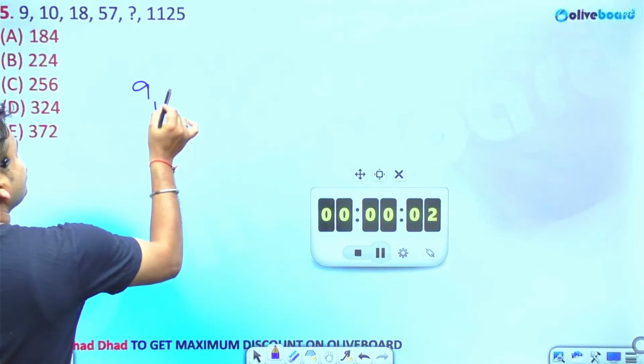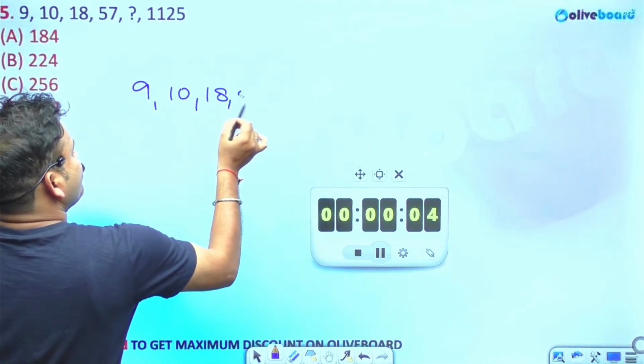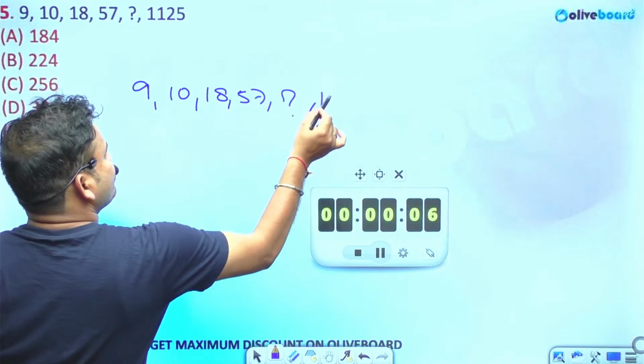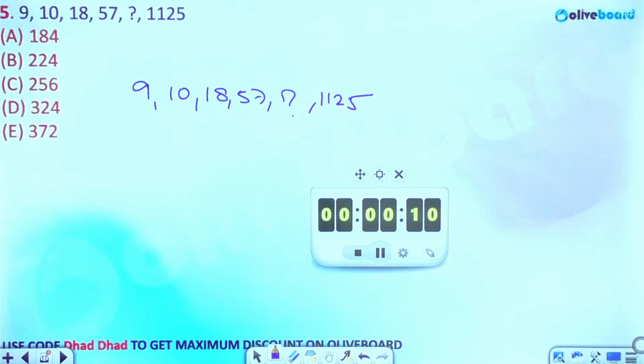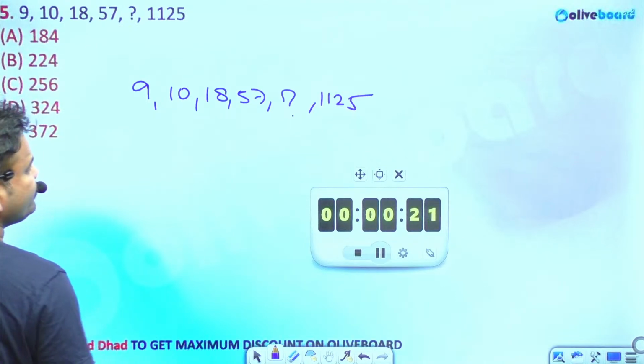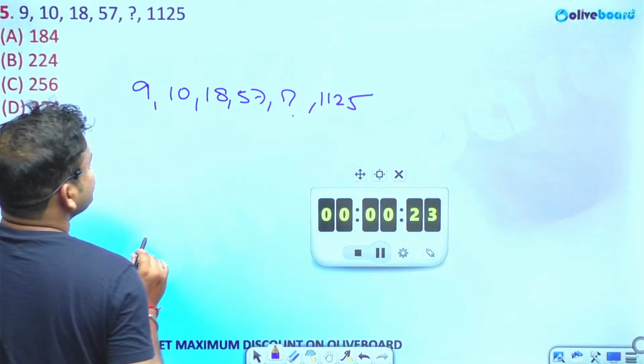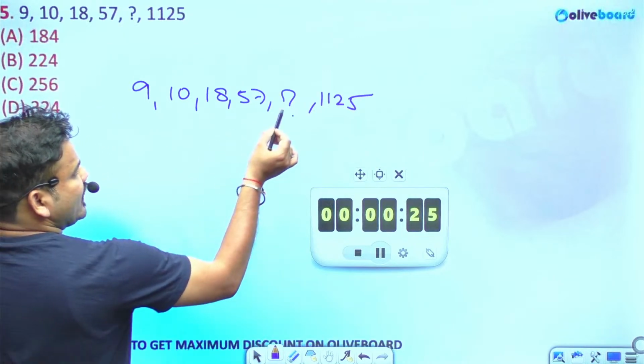9, 10, 18, 57, question mark, 1125. Go for this. It's a product series. For sure it's a product series, because the last numbers are getting increments.